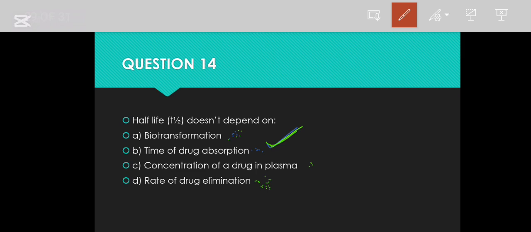Time of drug absorption does not affect the half-life of a drug, because if a drug has a half-life of 2 hours, immediately after it's absorbed, that's going to occupy it. So B, time of drug absorption, is the correct answer.